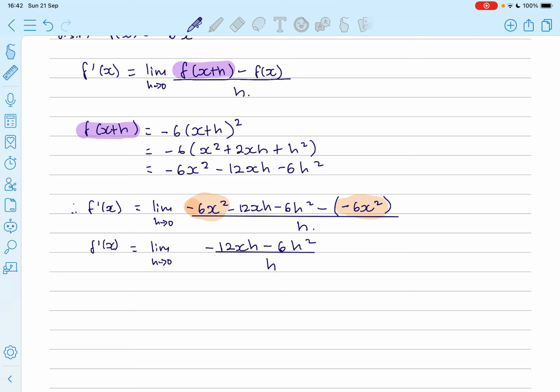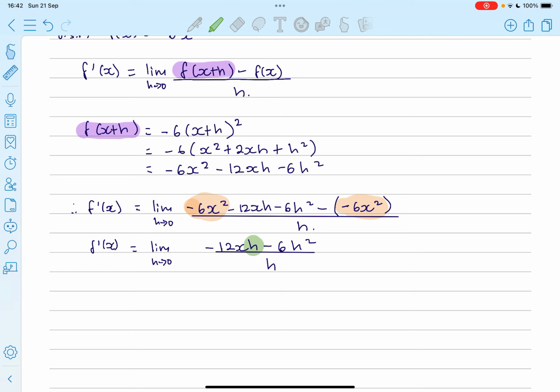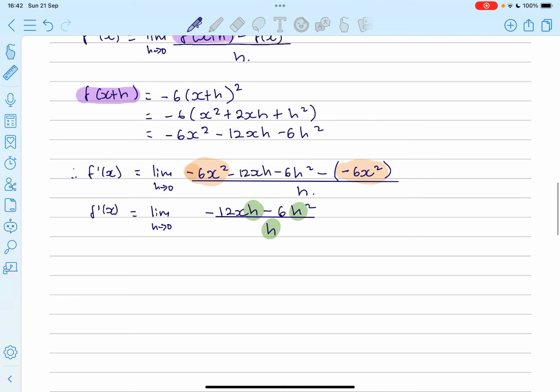And now we can see that we can factor out an h, and that will allow us to get rid of that denominator. So f prime of x is equal to the limit as h approaches 0. We factor out h, then we've got negative 12x minus 6h.